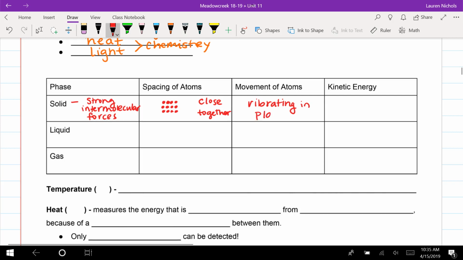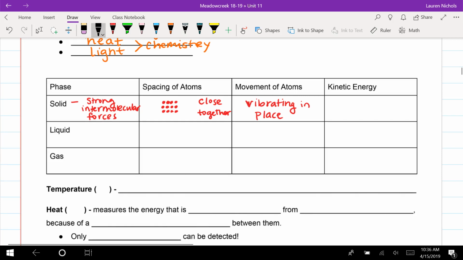So for example, the screen that you're watching this video on, the atoms are vibrating in place, but your computer is not moving all around the room, or your phone is not jumping from your hand onto the floor. Okay, the atoms are vibrating, but they're staying in place.